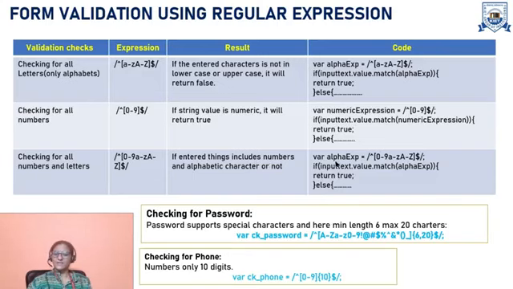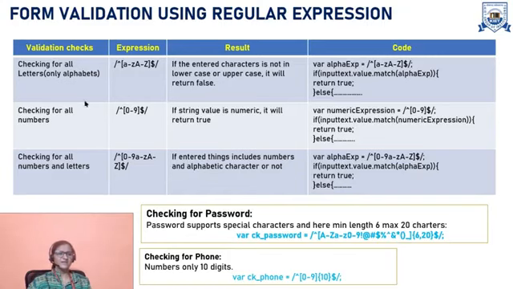So again, take a variable, provide the expression like this, starting, and this is the stop of the expression, and between these we have given 0 to 9, a to z small letters, and A to Z capital letters. Then we will match it. If input text dot value dot match with this variable, then it will return true, else it will not proceed.